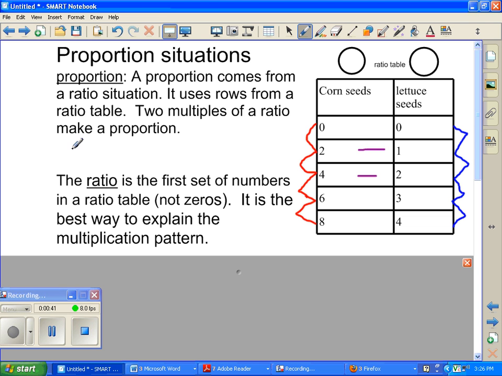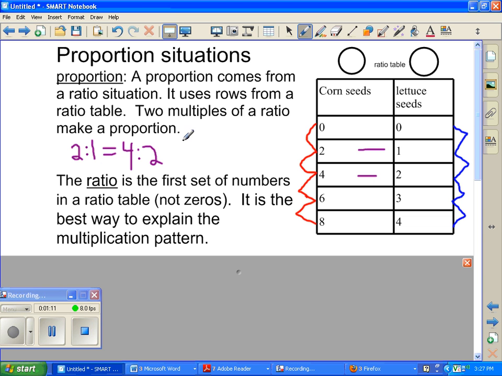One way we'll write it is 2 colon 1, which makes the connection of 2 to 1. It shows that connection. And this proportion will be equal to this one, 4 to 2.